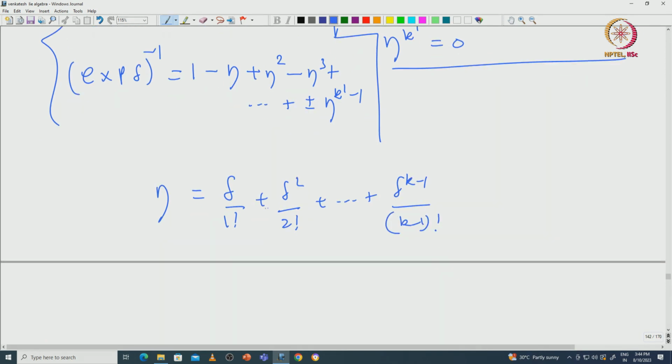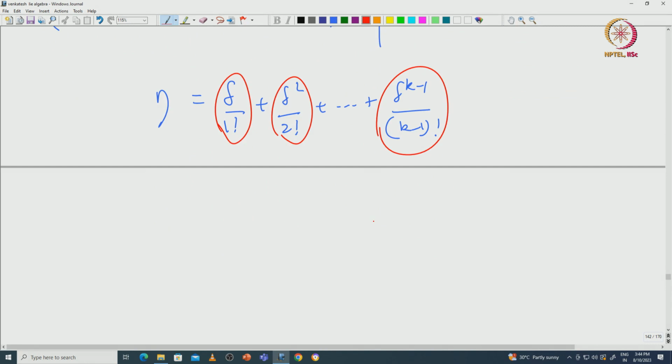But all these individual elements that you see here are commuting elements. Suppose you have two elements in a ring, let us say R is a ring, not necessarily commutative, such that AB equal to BA, both of them commute, and A power k is 0 and B power k dash is 0.